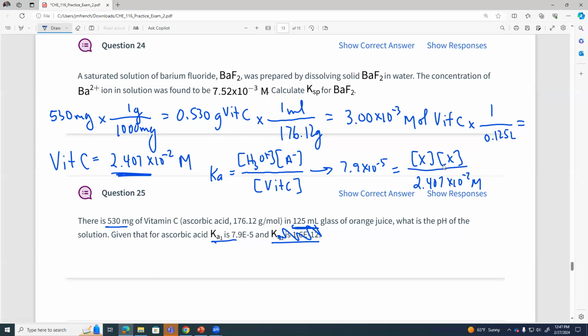So we multiply across 7.9 times 10 to the minus 5. So I get x squared equals 1.9 times 10 to the minus 6, square root of both sides.